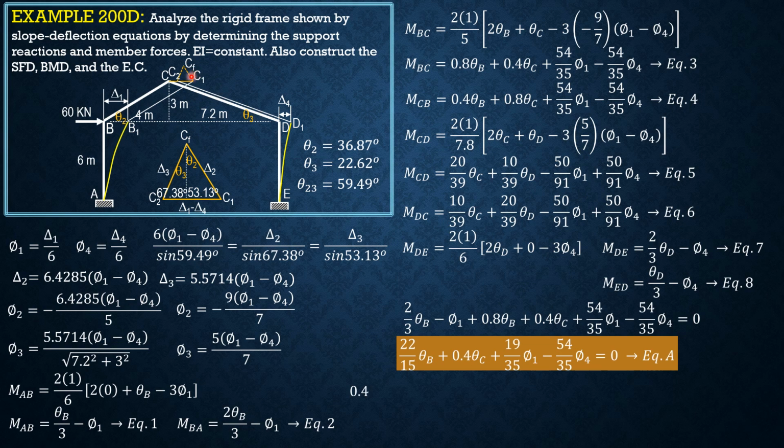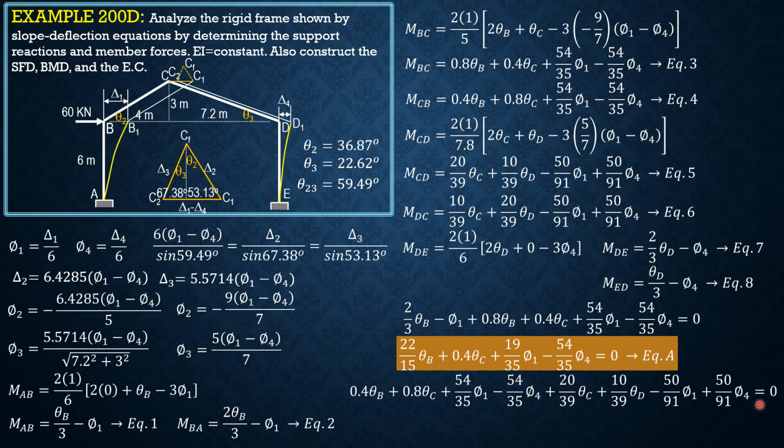Then at joint C, MCB plus MCD equals 0. So MCB 0.4 theta B plus 0.8 theta C plus 54 over 35 P1 minus 54 over 35 P sub 4 plus 20 over 39 theta C plus 10 over 39 theta D minus 50 over 91 P1 plus 50 over 91 P sub 4 equals 0.